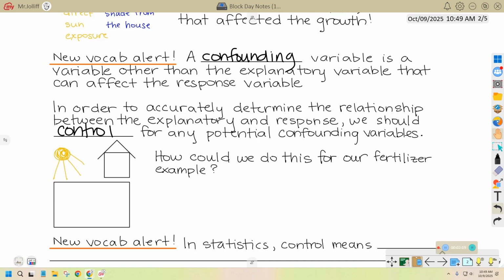You can't change the sun, but what can you do to set up the field that will mitigate the effect of it?